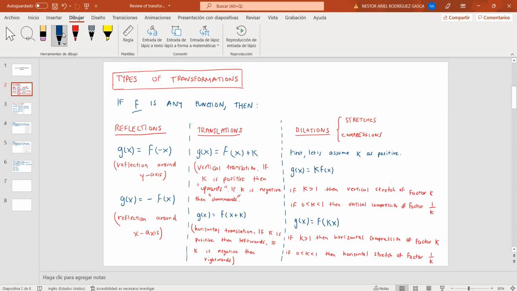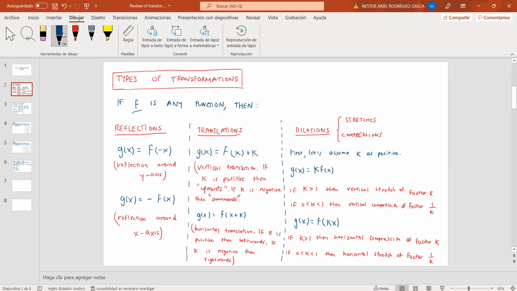So these are the ones that cause trouble, in my opinion. The dilations, which can be either stretches or compressions. So first, let's assume that k is positive. I'm gonna make that assumption so that we don't get into too much trouble using absolute values and whatnot. So let's assume k is positive. If g, your transform function, is expressed as k times f of x, that is, you multiply the whole function by a constant k, then you have two cases.